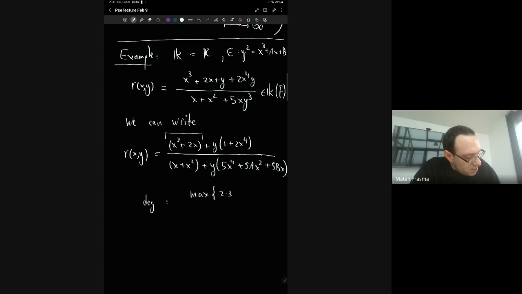The degree of this polynomial as an ordinary polynomial is 3, but in our convention, when I consider it over E, the degree of x is 2. So this is 2 times 3. And the other summand, I have 3, because I have y here, plus 2 times 4. And this is 11.